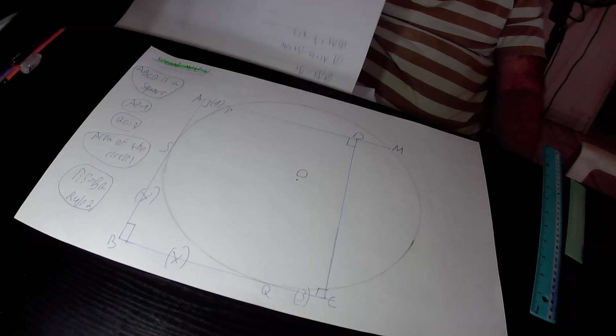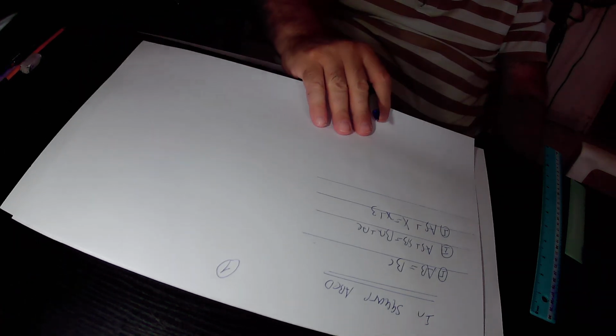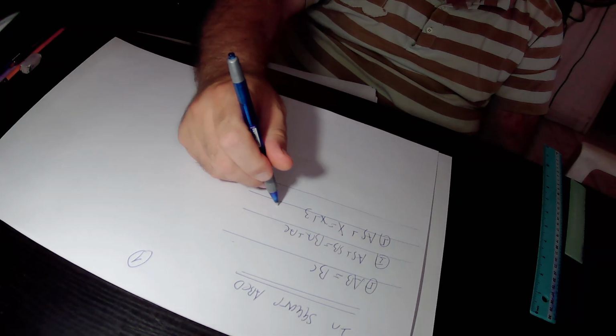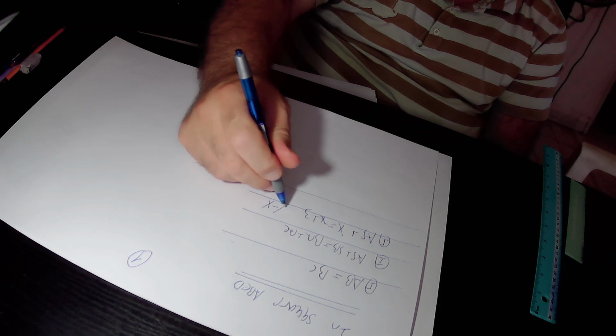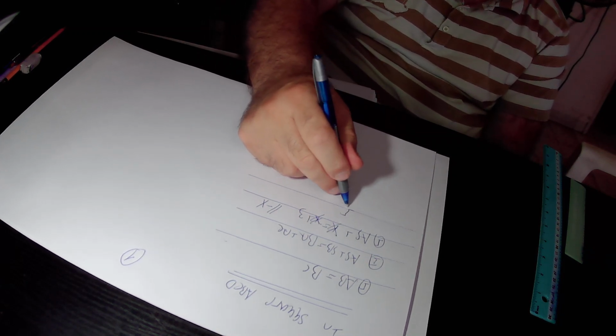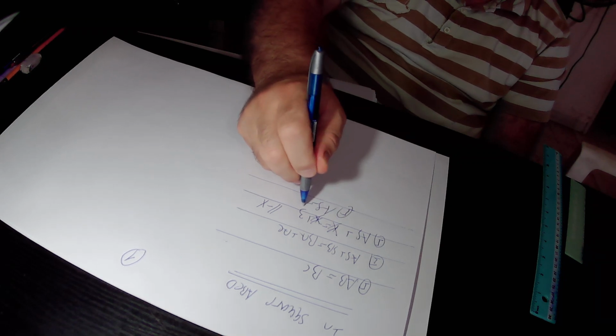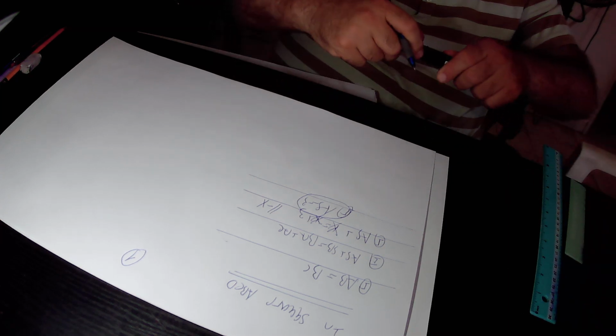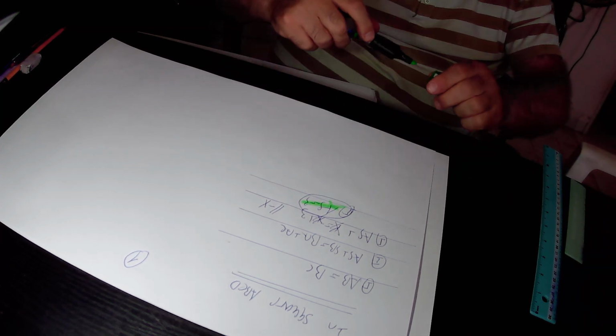So in total, according to equation 1, AS plus x equals x plus 3. Here we subtract x from this equation, so x gets cancelled, and we are left only with AS, which is equal to 3 units in length. So the length of AS is 3 units. Write it down.